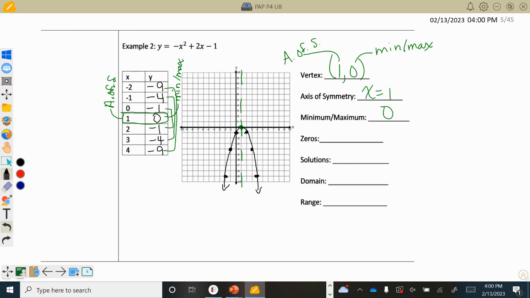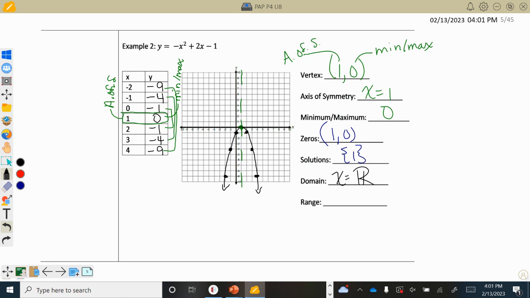Okay. Our zeros, we only have 1, 0. We have our 0 here at 1, 0. Our solution is at 1. Okay. Our domain, again, without a situation, our domain for a quadratic function is all real numbers.